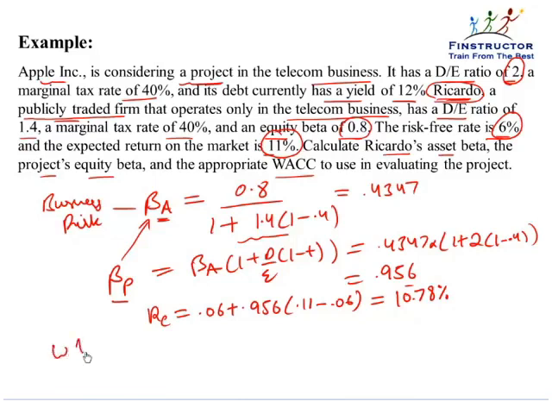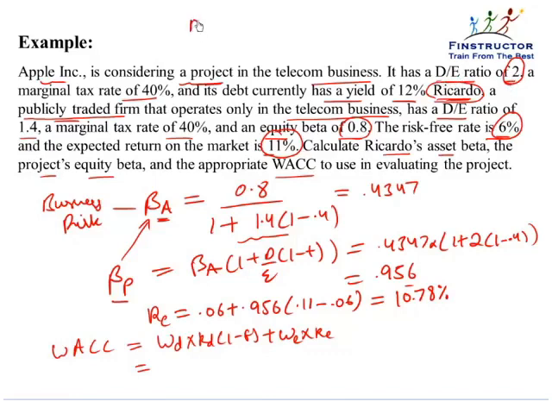And then the WACC is a simple calculation. It is the weight of debt into the cost of debt. Please note it is the after-tax cost, plus the weight of equity into the cost of equity. So what is the weight of debt in our question? Please note the debt equity ratio is 2.